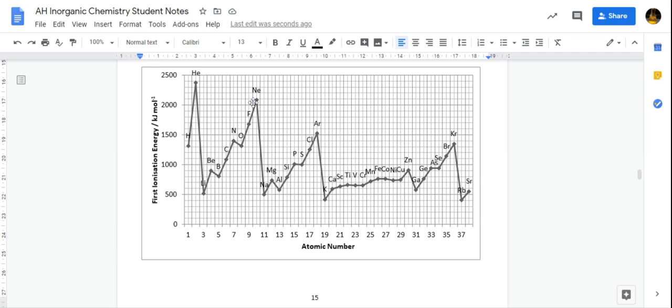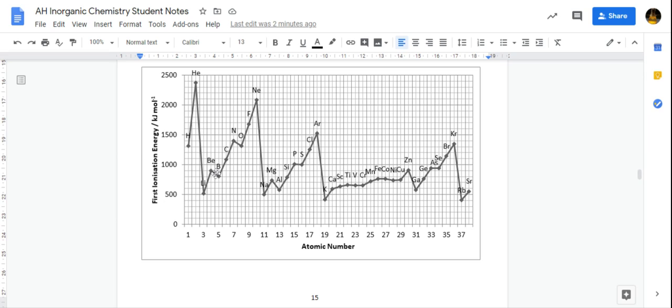We know that the ionization energies of the noble gases are the highest because your electron has to be removed from the full outer shell. The ionization energy of the alkali metals are the lowest, because there's only 1 electron in that outer shell.